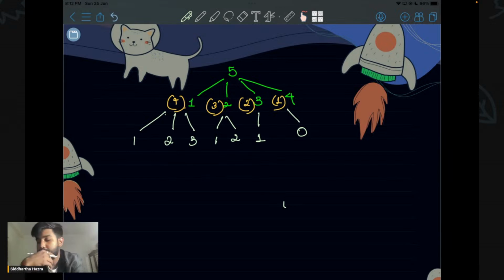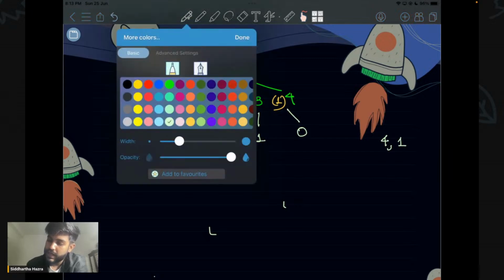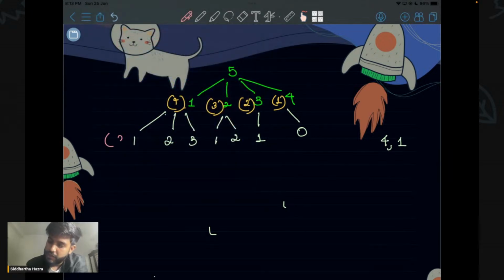So by using 4 and 1, we have the first combination, that is 4 and 1. So this branch is completed. But if I use something like 4, the balance amount, and 1 is taken out of it, we have the remaining amount as just 3.